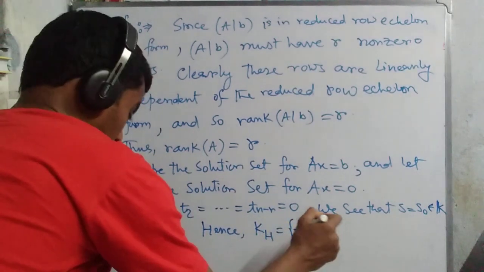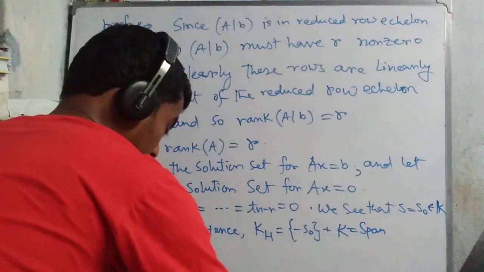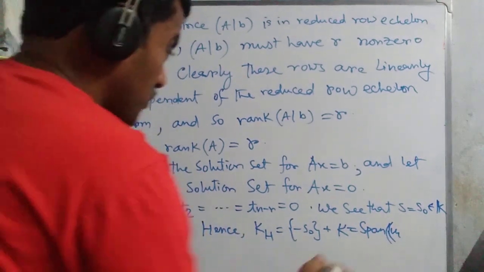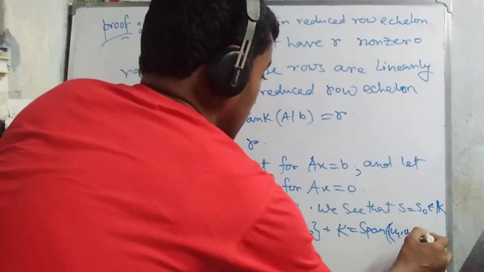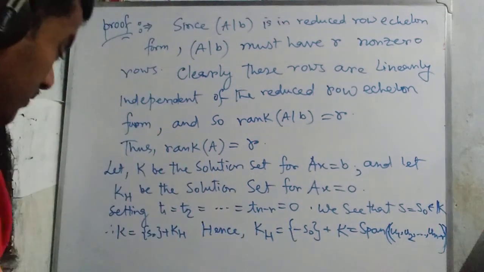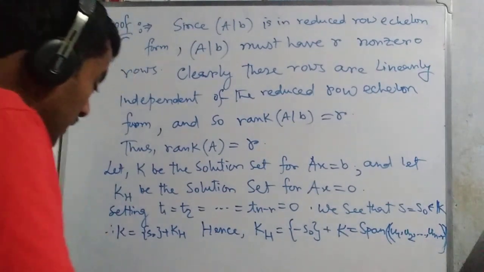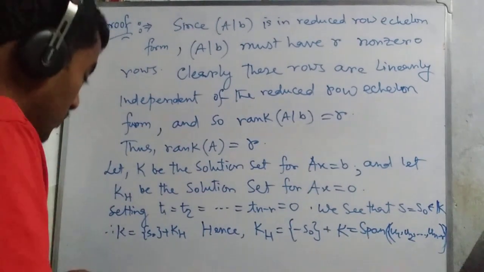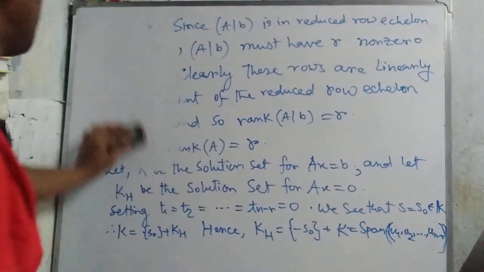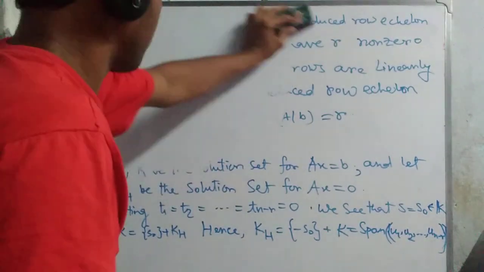And hence Kh is equal to the span of u1, u2, ..., un minus r. Then what happened? That means rank of A equal to R. We erase that portion and go to further discussion of that.